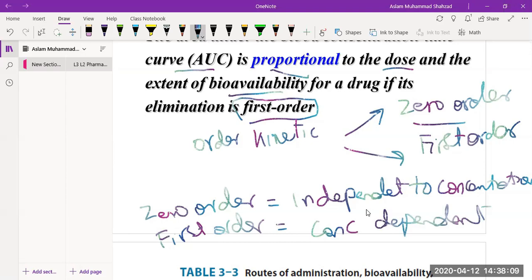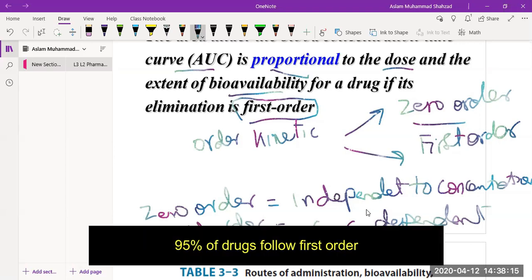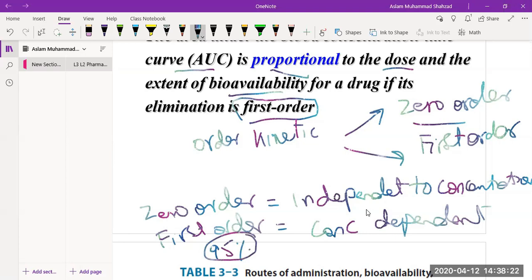So first you need to understand that there are two orders. When we talk about order kinetics, 95% of the drugs follow first order. It means they are concentration dependent. Only 5% of drugs follow zero order kinetics. Among them, the example is ethanol or alcohol.